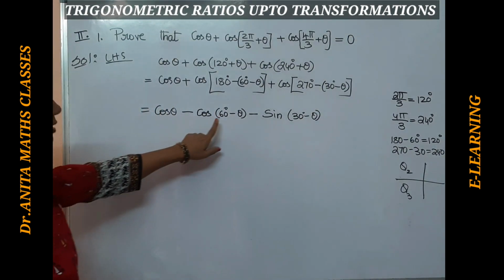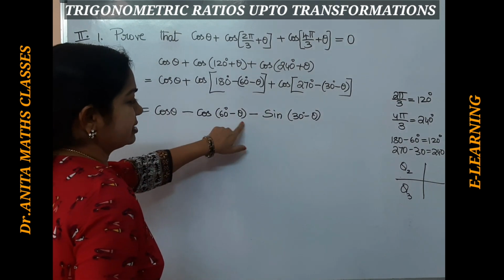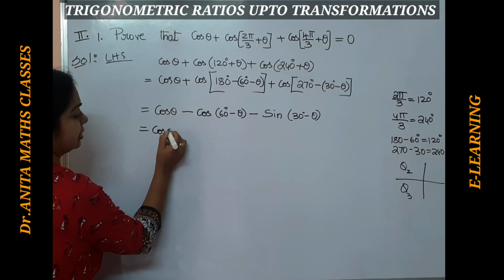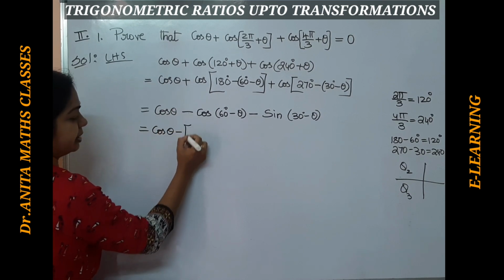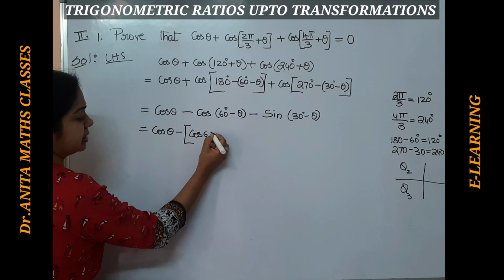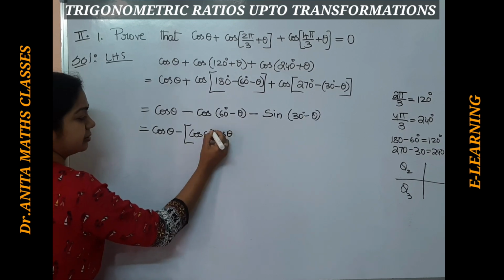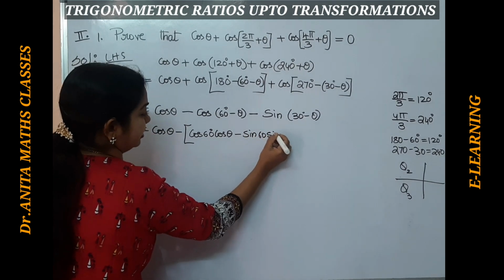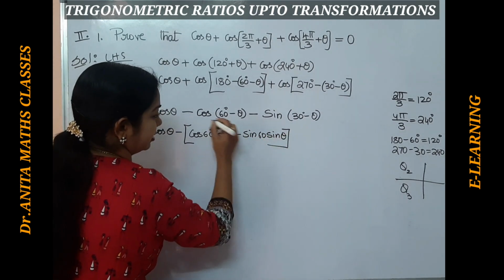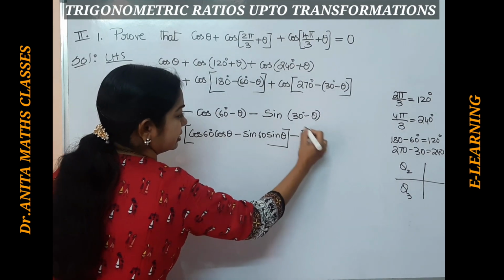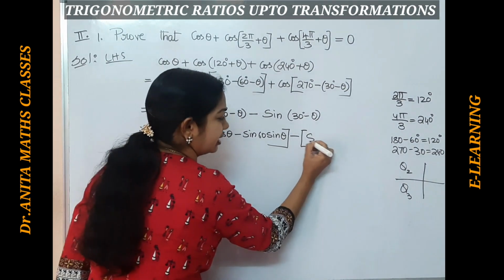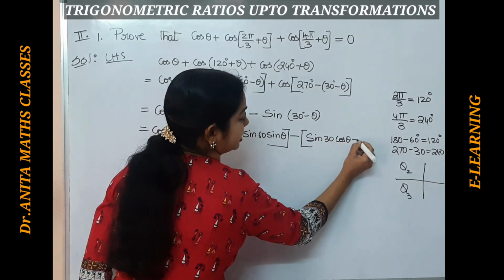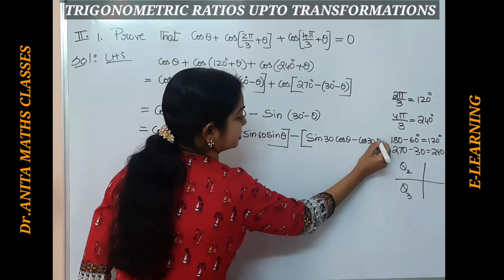Right. Now here we know cos of a minus b and sine of a minus b. We will expand it. So cos theta minus, let me expand it, cos 60 cos theta minus sine 60 sine theta. Okay, keep it in the bracket. In a similar way, here sine of a minus b: sine 30 cos theta minus cos 30 sine theta.